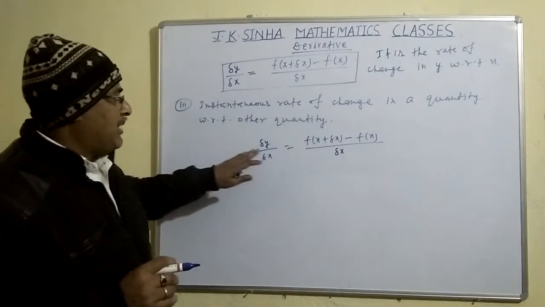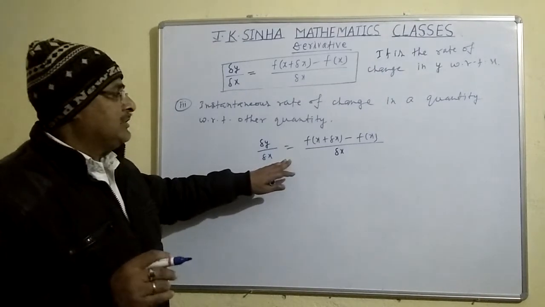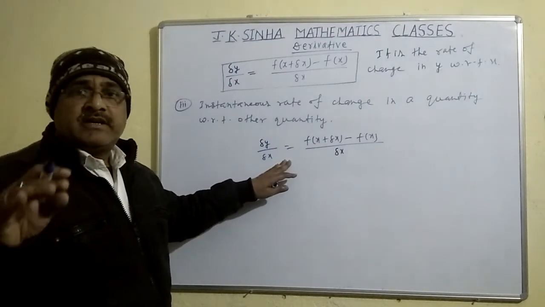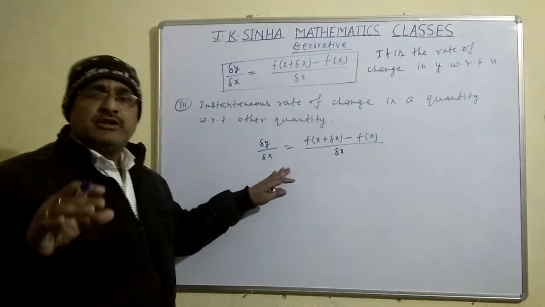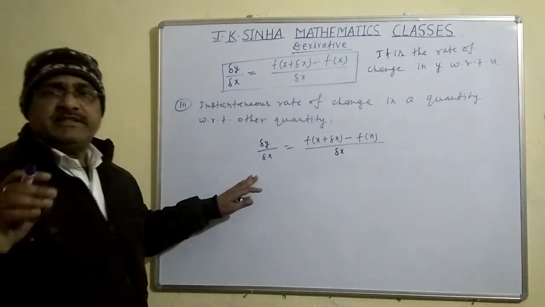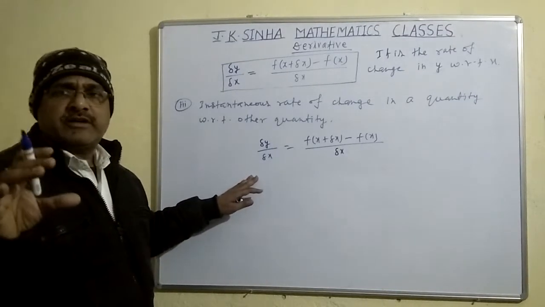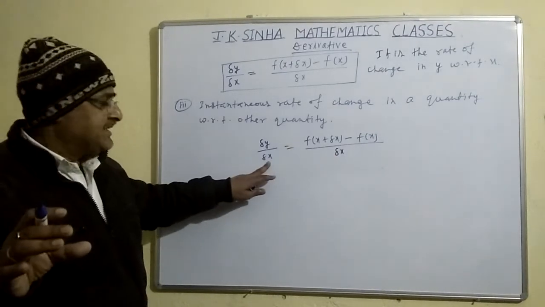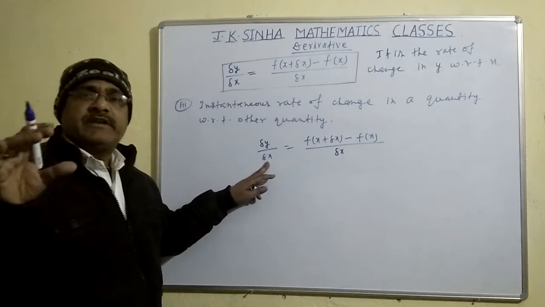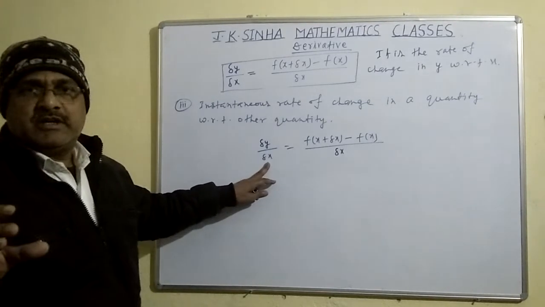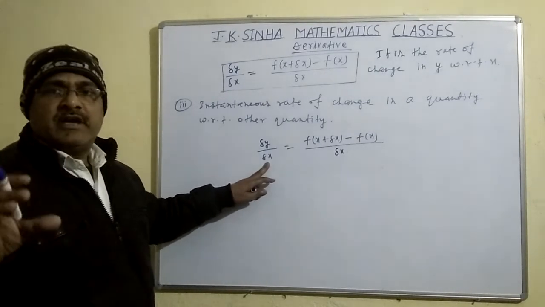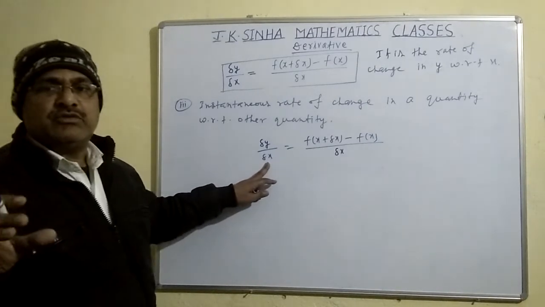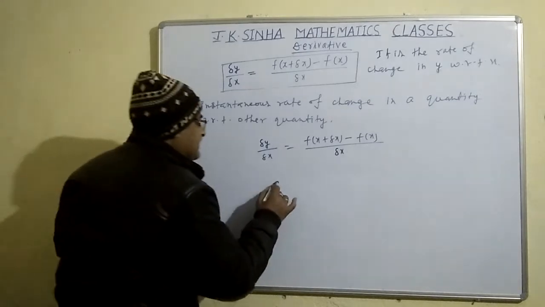And to convert this into instantaneous rate of change, the change in x must be so small that it is approximately 0 but not equal to 0. Change in x is del x, therefore del x is approximately 0, and in terms of limit, when we keep the value of del x very near to 0, we write del x tends to 0.